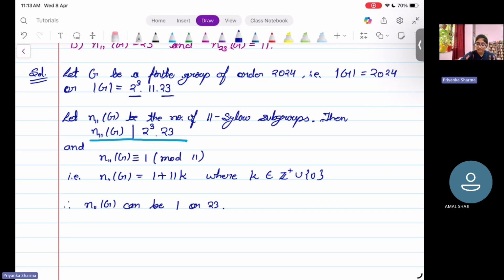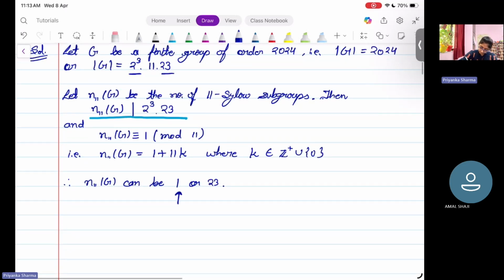So if G is abelian, this is a case, and there can be another case if G is non-abelian.